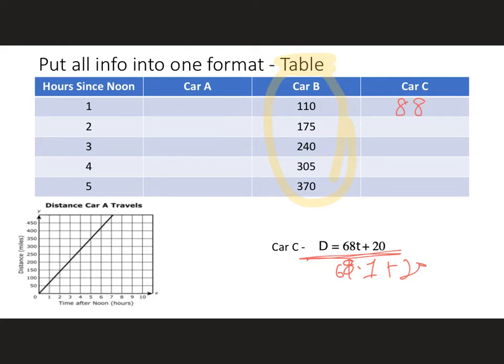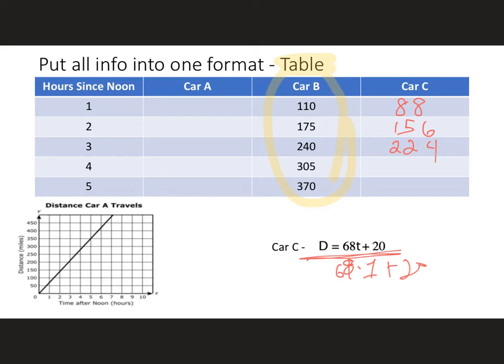And then I add another 68 and I'm at 156. Add another 68, I'm at 224.